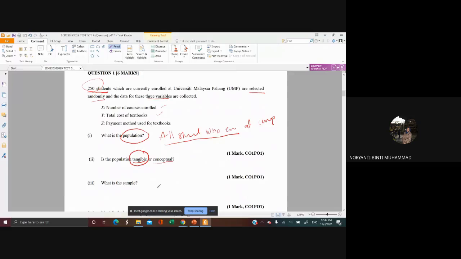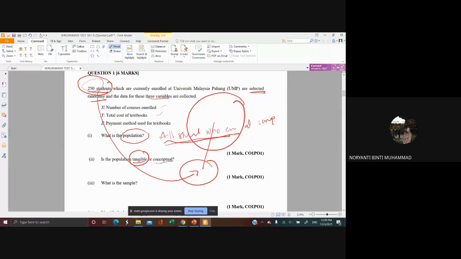And then what is the sample? Here, when they ask you about the sample, you know that this is your population, all UMP students. So the sample will be the small subset, right? So that's why here, when they say selected randomly, this 250 is your sample.